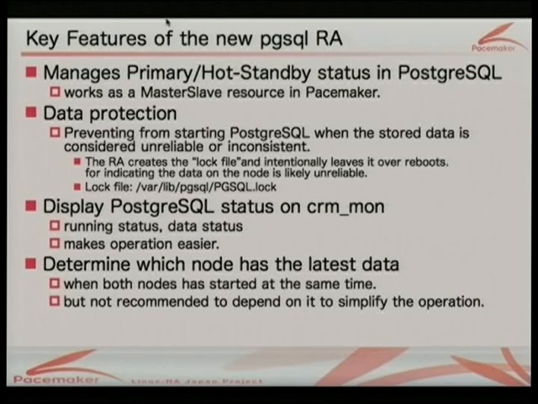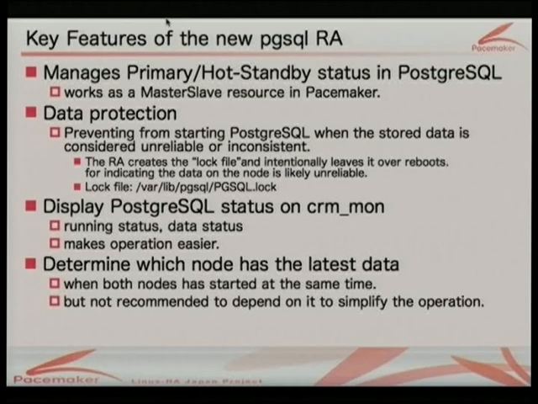And this new agent also supports a kind of data protection. Suppose you have two nodes. One node is right, but on the other node the data is corrupt. If you run that node, the data is totally corrupt. But this resource agent tries to prevent a start if the data is old or inconsistent.